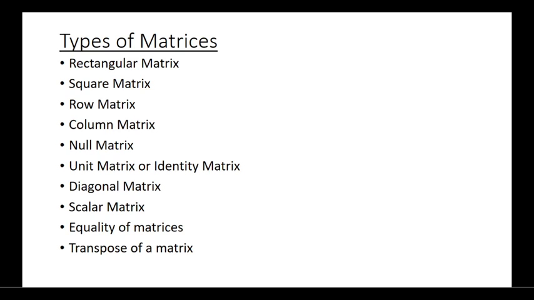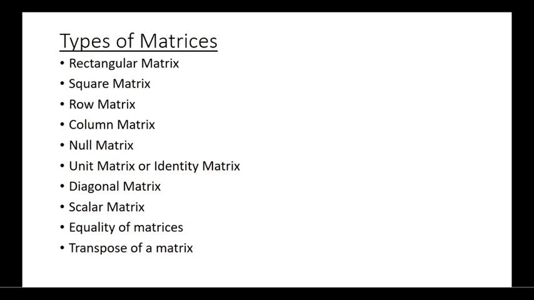The classification of matrices, as you know, is vast, but we discuss a few types of matrices. First, we discuss the rectangular matrix. In any matrix, if the number of rows is different from the number of columns, then such a matrix is known as a rectangular matrix.